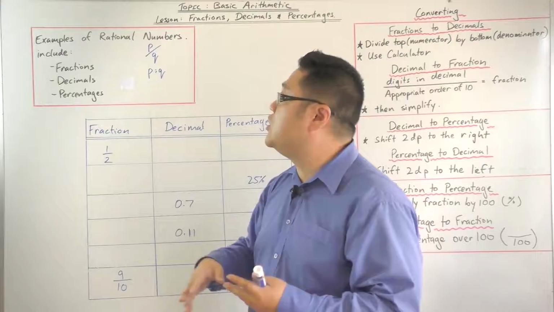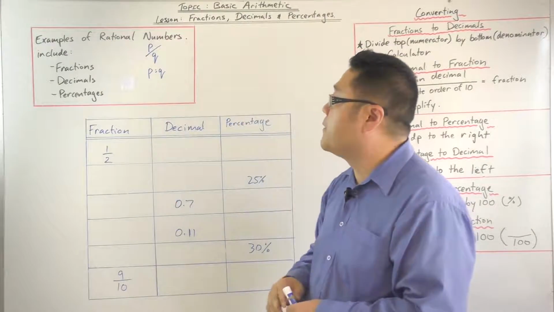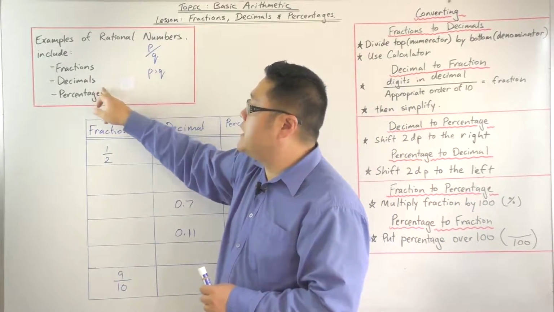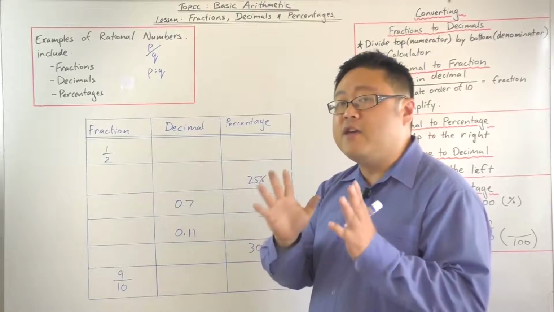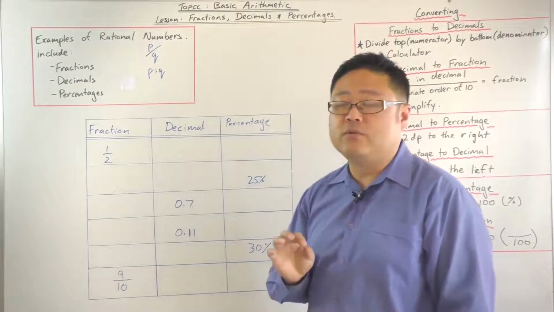You see the word ratio in rational numbers. Or you have a fraction. And so you've got fractions, decimals, and percentages, your three main ways of expressing rational numbers.